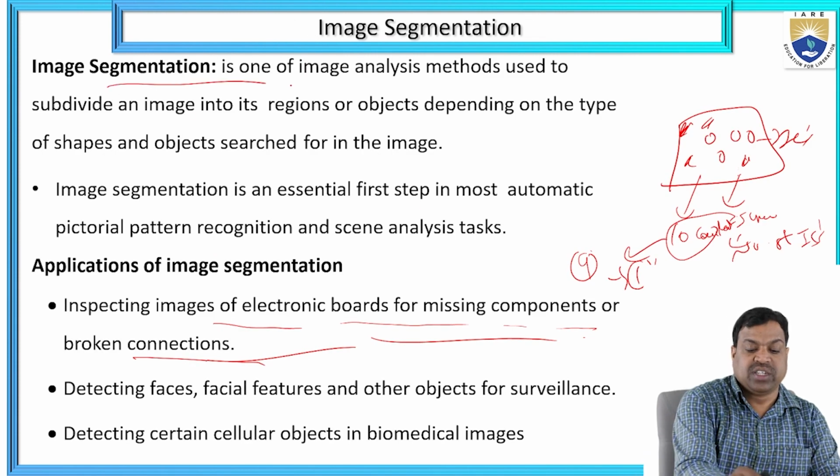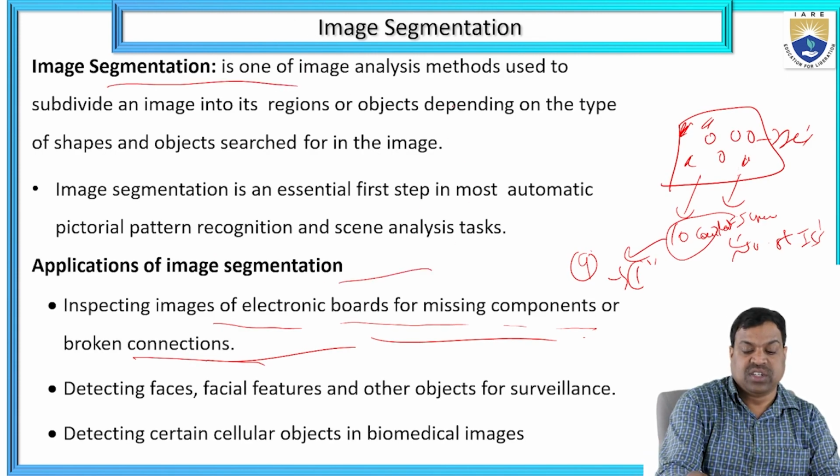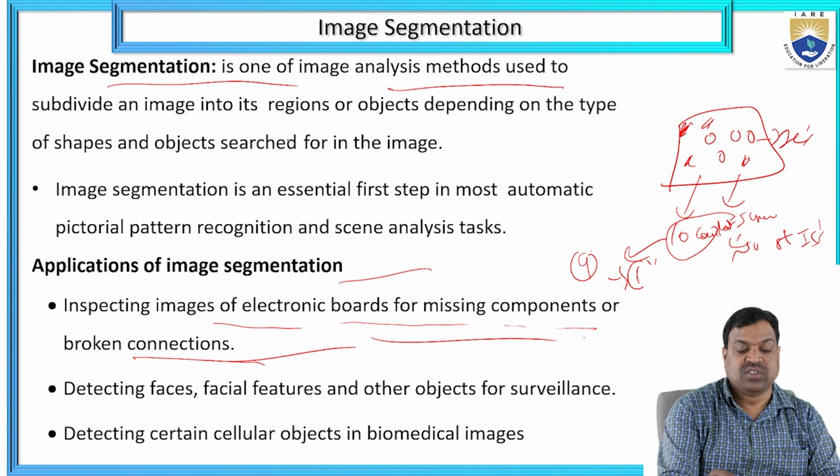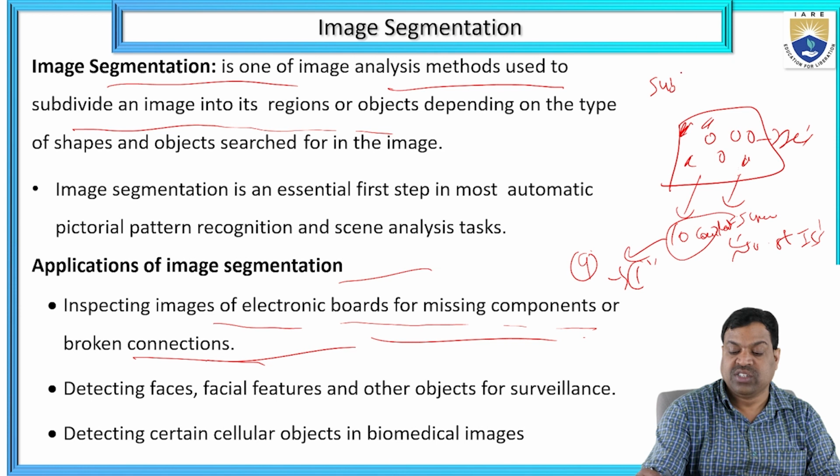And image segmentation, what are the applications? It is an image analysis method used to subdivide an image into regions, and the shapes and objects searched for in the image.